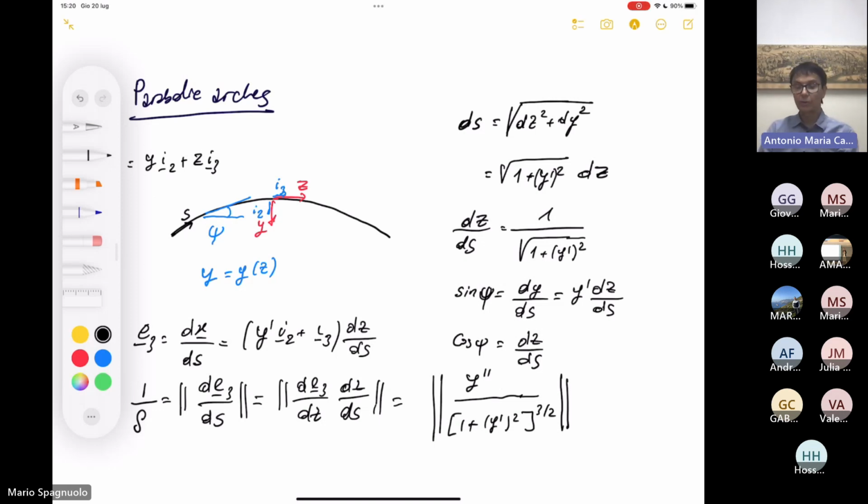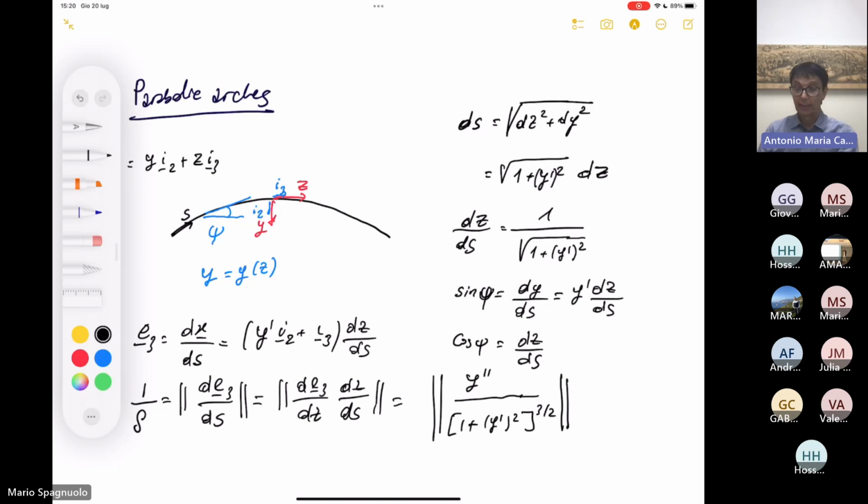So this is the expression of the curvature, which we will not use very often, but it can be important to have it for other purposes beyond the ones that we will see later in this lecture.